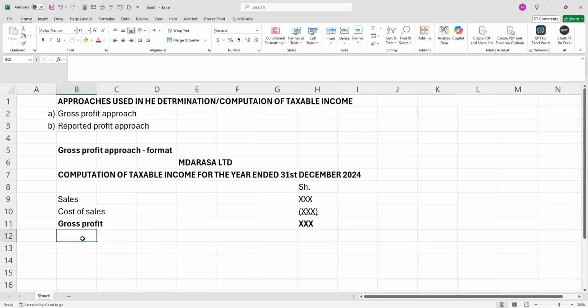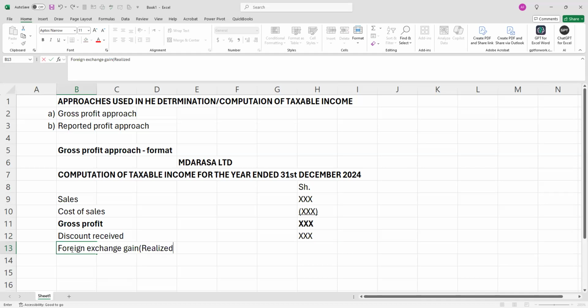From our gross profit, we are going to consider these elements: the income relating to our business directly, such as discounts received. We can also talk about foreign exchange gain realized.